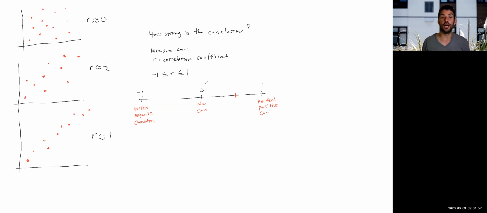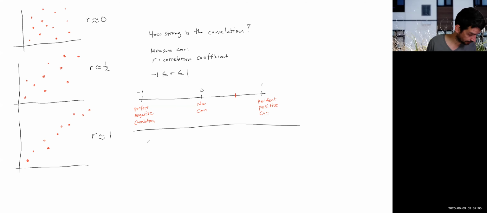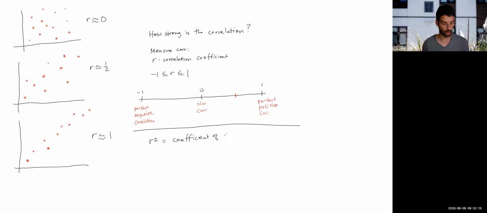So we also have, and I'll show you how to compute this with sheets in just a moment, r squared. We just take the number r and square it, and this is sometimes called the coefficient of determination.